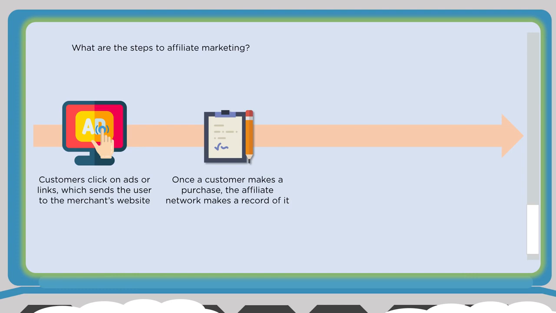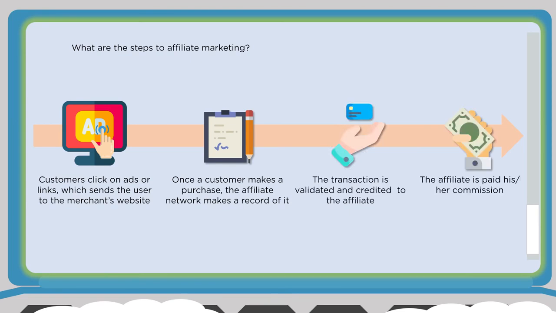They're tracking not only traffic from the affiliate website to your website, but they're also tracking the conversions. The transaction is validated and credited to the affiliate by the broker. And then the affiliate is paid his or her commission. So that's how it works. So the more the affiliate sells or converts on your behalf, the more they're going to make. And that's the beauty of the affiliate network.